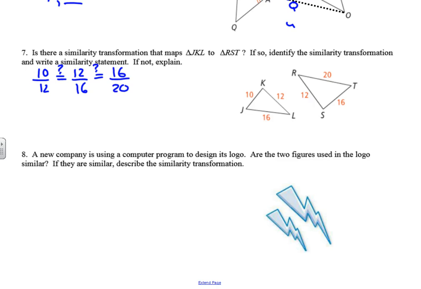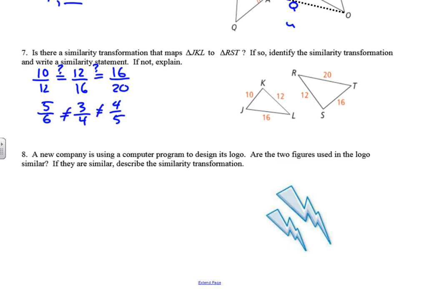So let's go ahead and reduce that. So 10 over 12 is 5/6. 12 over 16, 4 goes into that, so that would be 3/4. And then 16 and 24, 4 goes into that, 4/5.